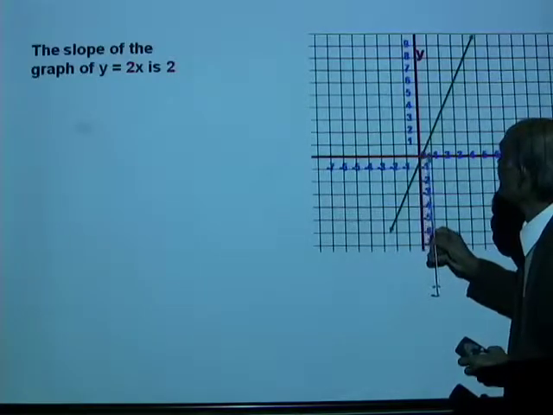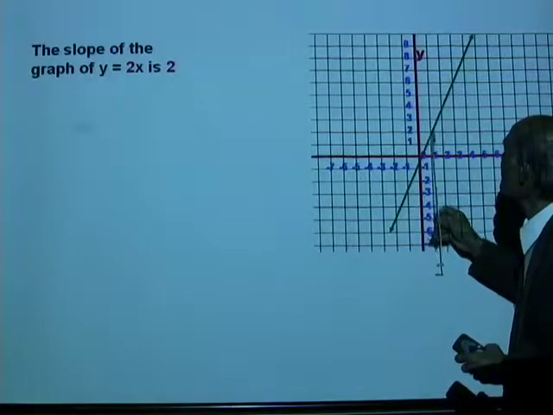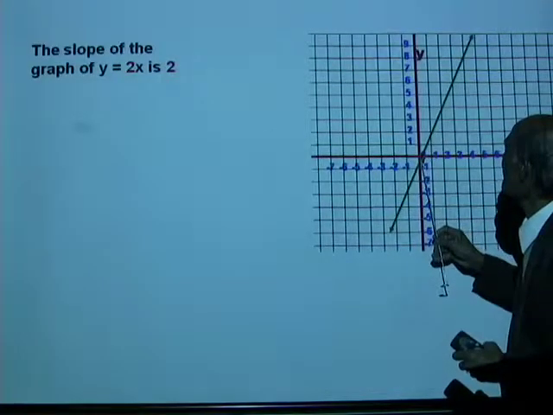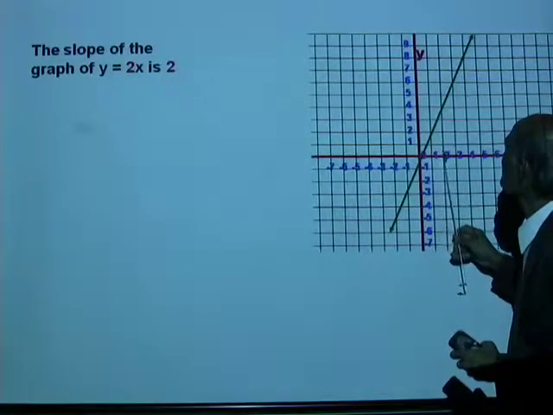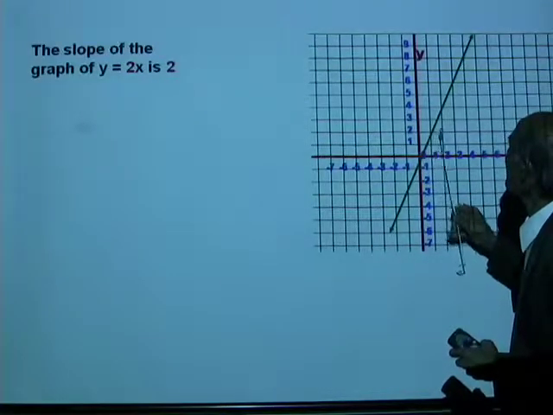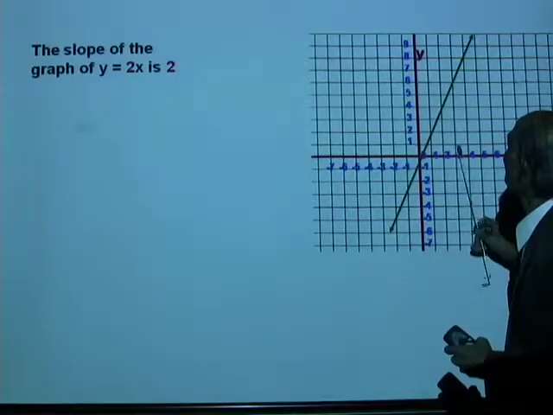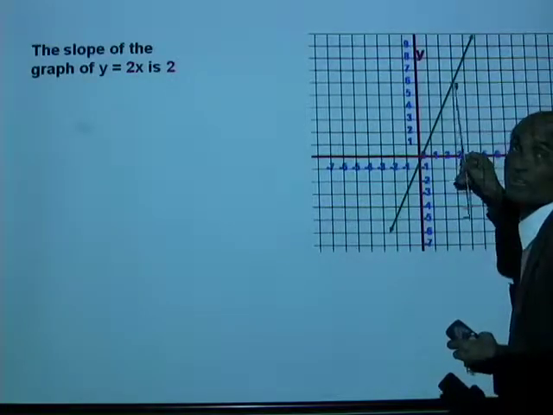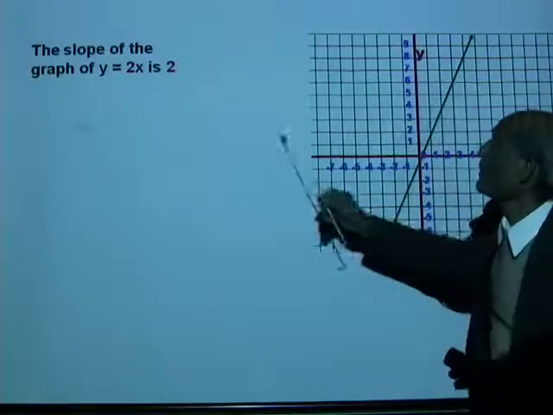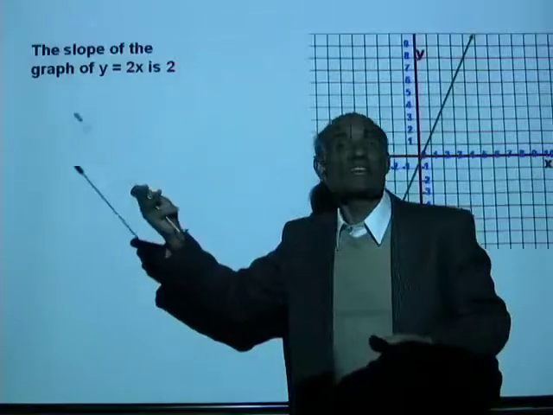When x goes from 0 to 1, y changes by 2 units. When x goes from 0 to 2, y changes by 4. X equal to 1, y equal to 2, x equal to 2, y equal to 4, x equal to 3, y equal to 6. So you have the graph of y equal to 2x and its slope is 2.